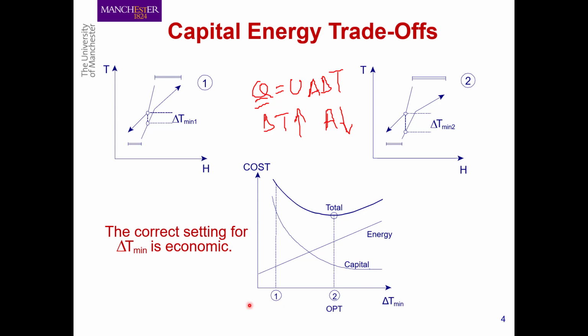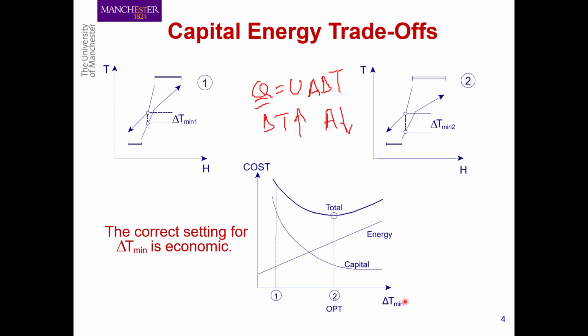What we normally do is design different HEN networks based on a range of delta T min values. Then we look at the different targets that we set for our process based on delta T min, and select an optimum value of delta T min that gives us the lowest value of these targets, in terms of the total cost of the system, the total area, and the total energy cost.